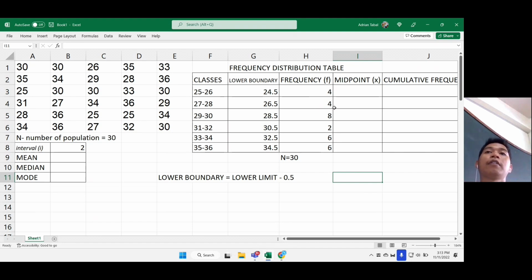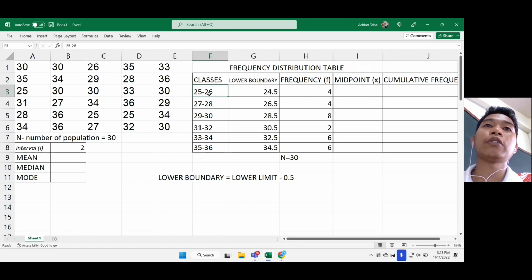Next, for the midpoint. Okay, for the midpoint, we are going to find the middle point of this class. So where do we get the middle point of the class?